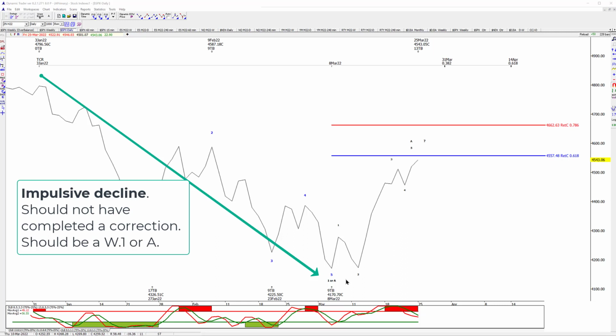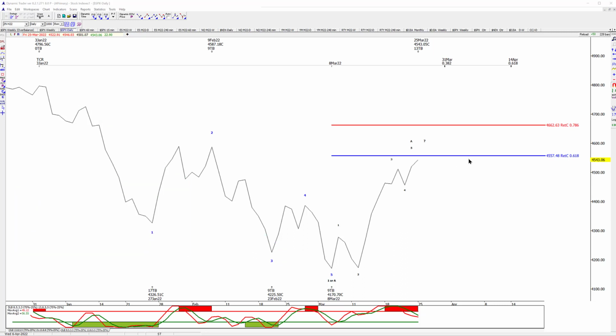If it's a wave 1 or an A, we should have a wave 2 or a B corrective rally, and then we should have another section down to probably exceed this March low in a wave 3 or a wave C. So I'm not making a judgment whether the S&P is making an A, B, and C or a 1, 2, or 3. I want to look at either or, and in both cases it indicates that the S&P is making a correction that when it's complete, should have another swing down to a new low.